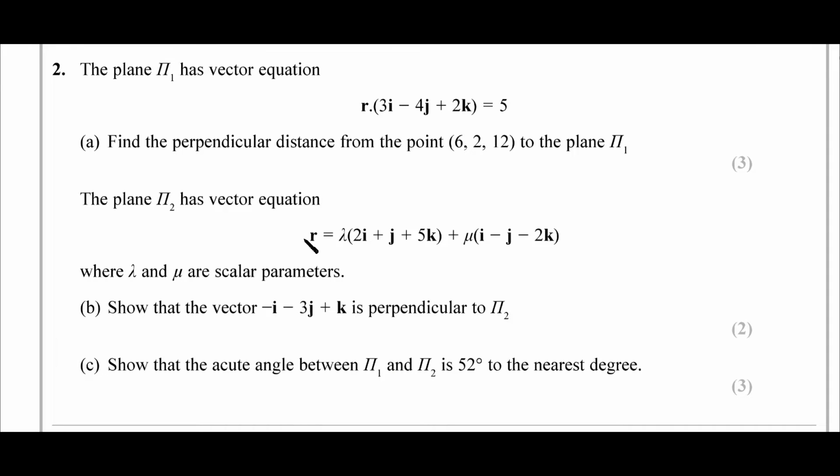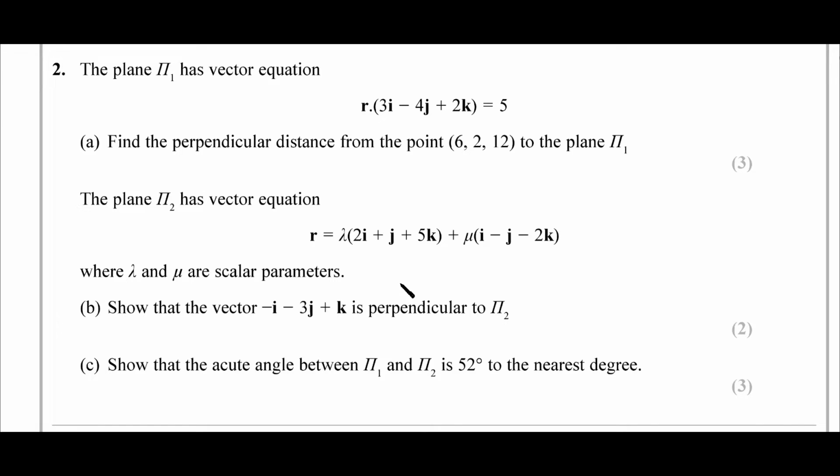Now, for part B, the plane pi2 has vector equation r equals lambda lots of 2i plus j plus 5k plus mu lots of i minus j minus 2k, where lambda and mu are scalar parameters. We have to show that the vector minus i minus 3j plus k is perpendicular to pi2.